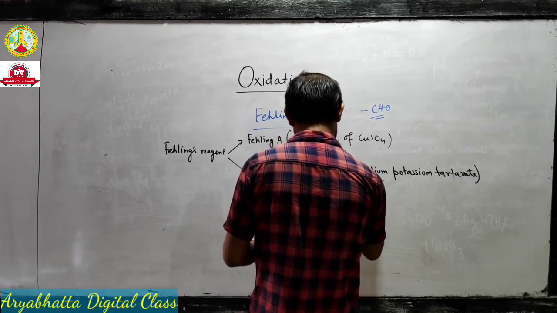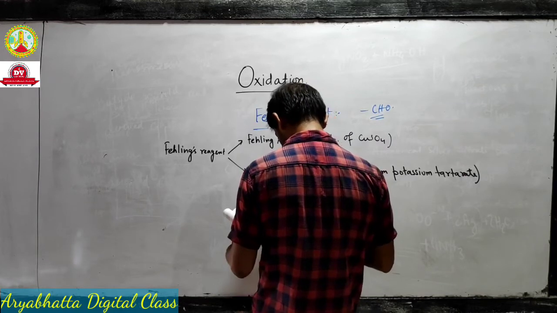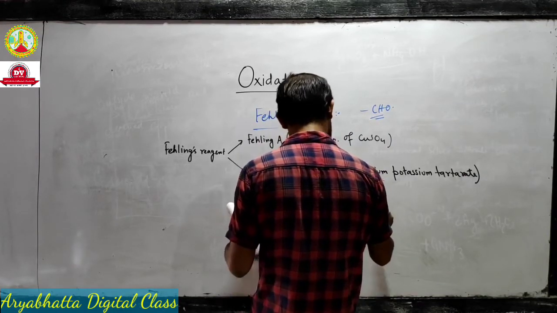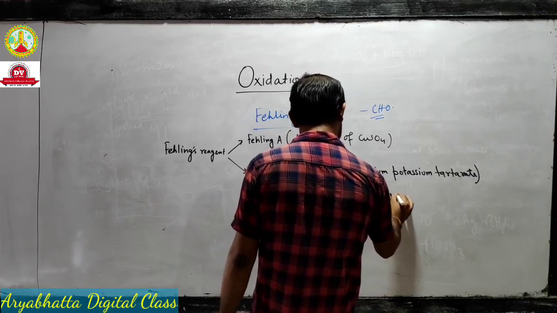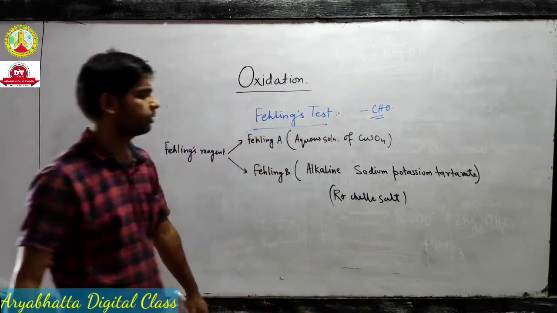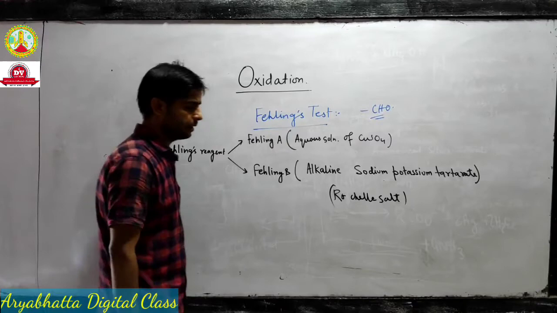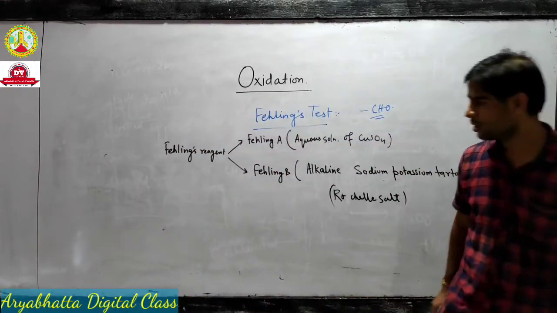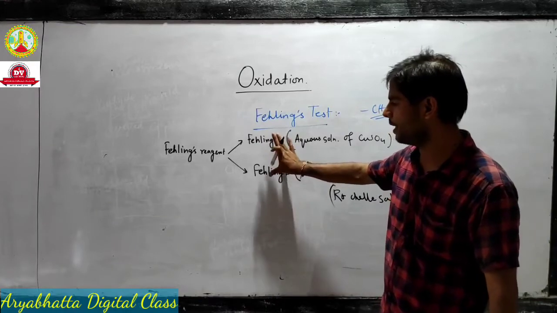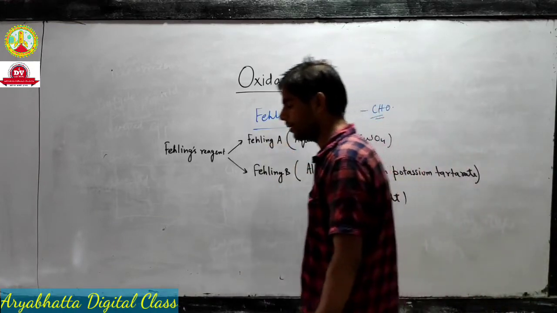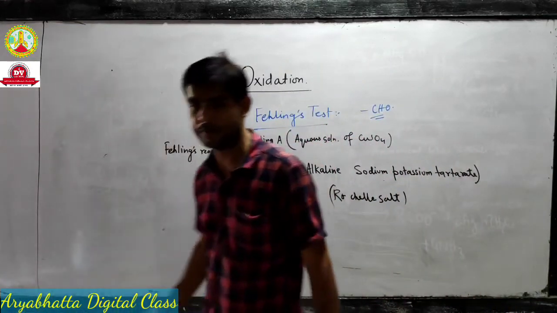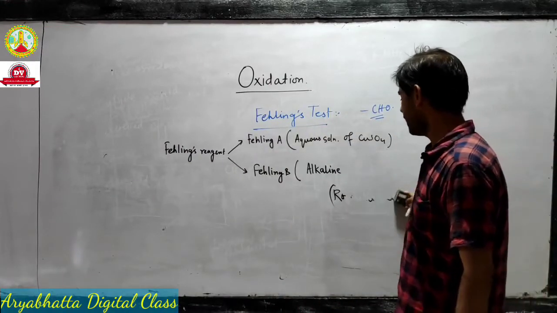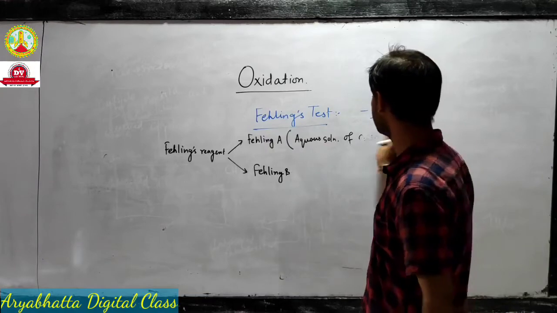Rochelle, no S. So it is an alkaline solution of Rochelle salt, or sodium potassium tartarate. We mix these two solutions, Fehling A and Fehling B, and we get our Fehling reagent, or final Fehling solution. After that we will perform the test.